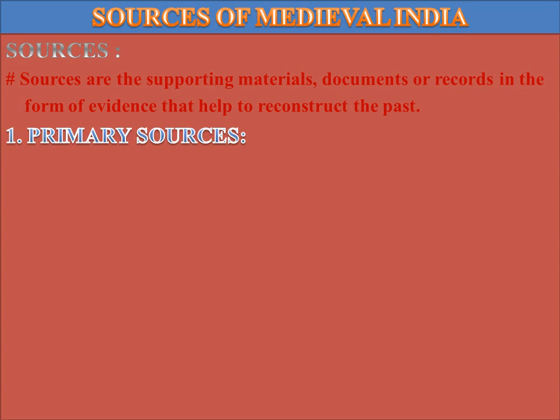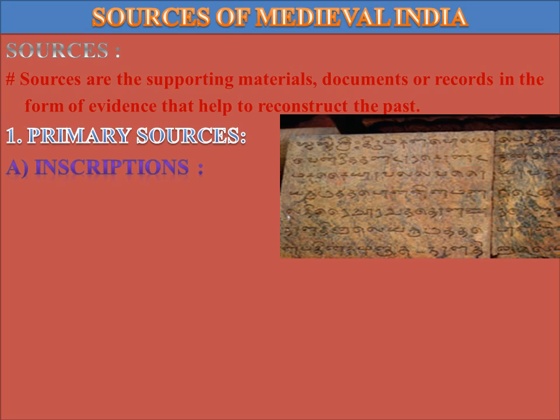We divide them into two types: primary sources and secondary sources. Now we are going to learn about the primary sources, which are inscriptions, monuments, and coins, and the information available in them. First, we are going to learn about inscriptions.